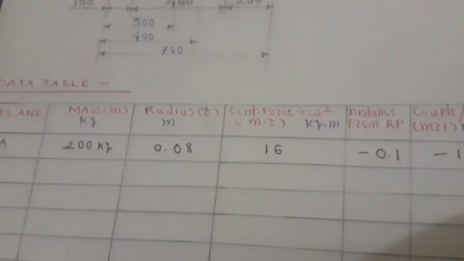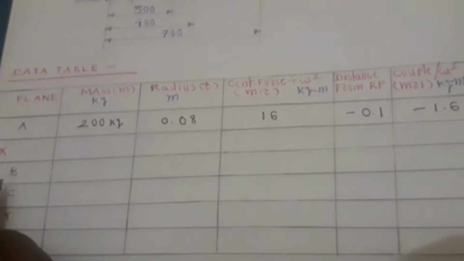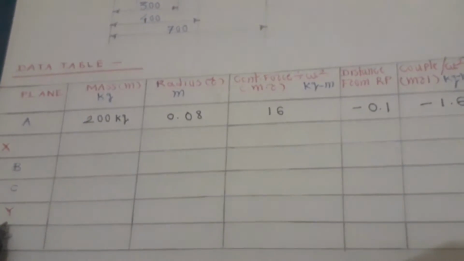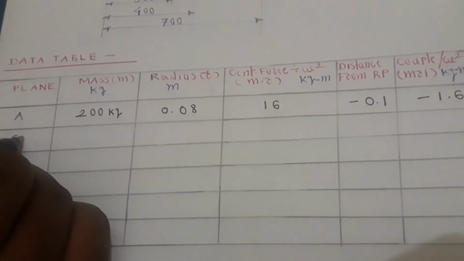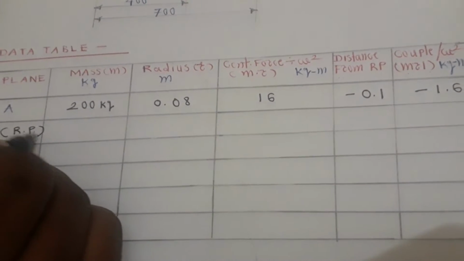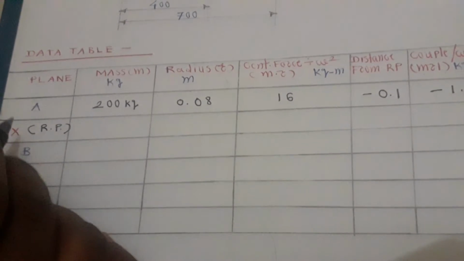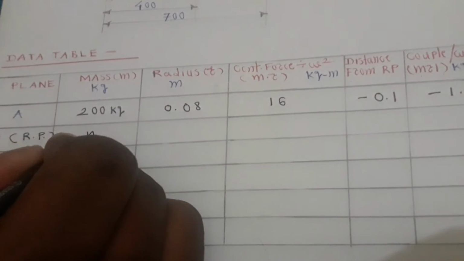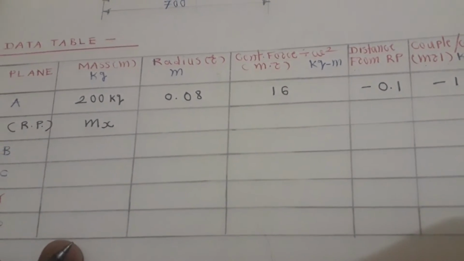Okay. Like this way we have to complete all this data for X, B, C, Y and D. Now here for X, this X is the reference plane we have considered. For the X plane, the mass is in terms of mx, that we have to find out.